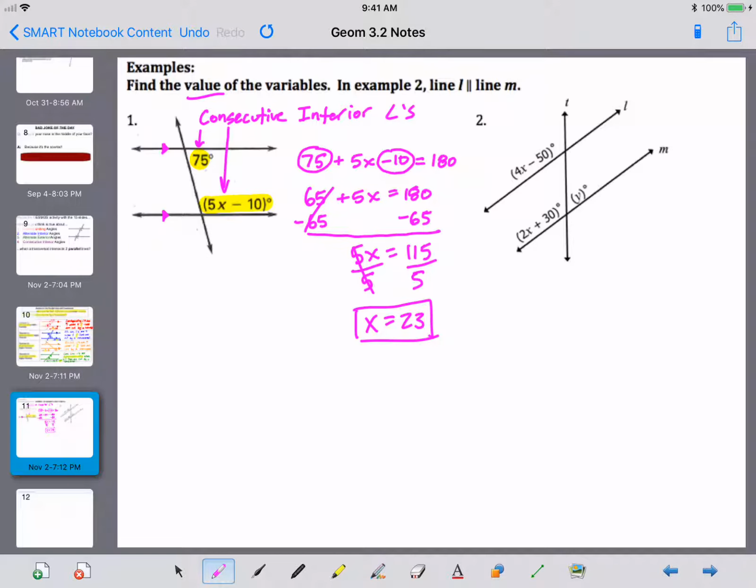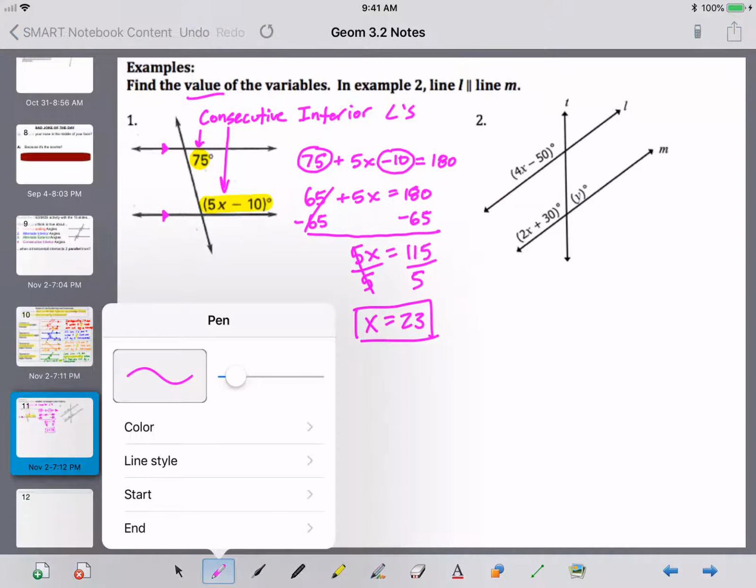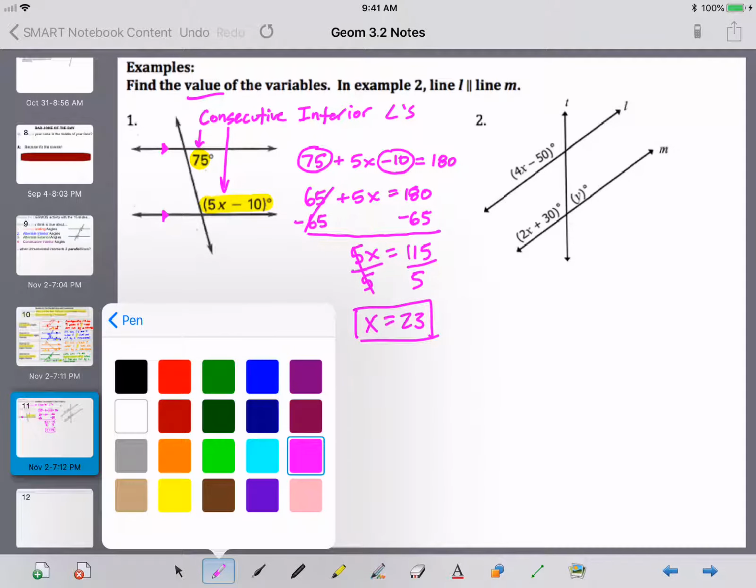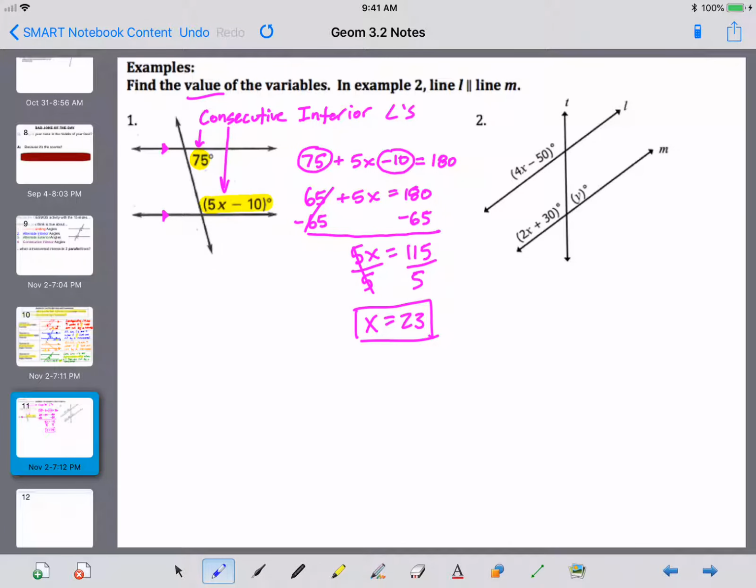Okay, let's look at one more example here. Now this one's going to involve a couple of steps. So first of all, they tell us that line L and line M are parallel. That's what this says right here. And let's look at the x variable first. So this and this, if you remember, those are corresponding angles.